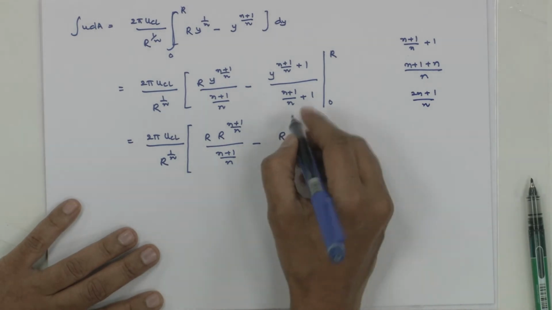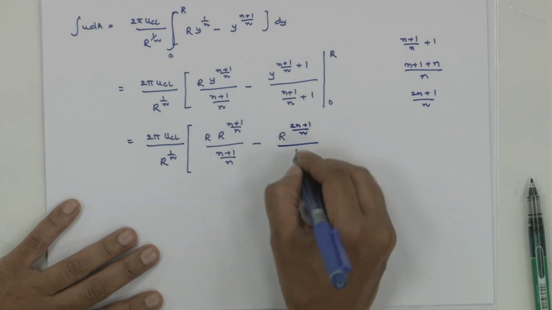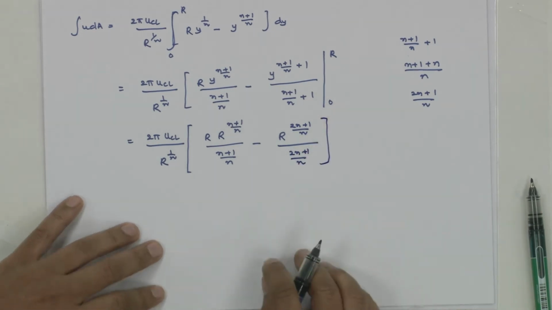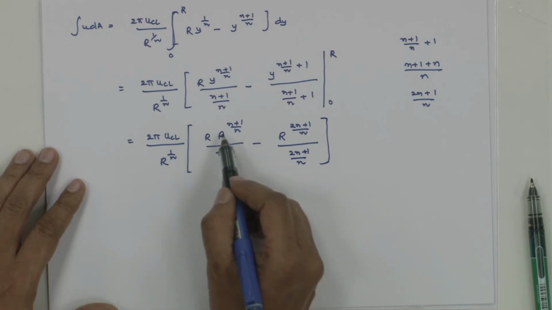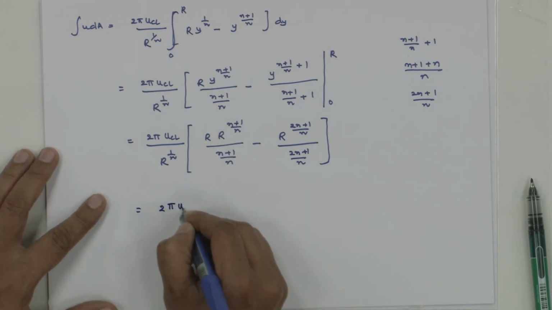Okay, so r^((2n+1)/n) upon (2n+1)/n. So then again you have 1 + 1, this also will turn out to be 2π u_centerline.